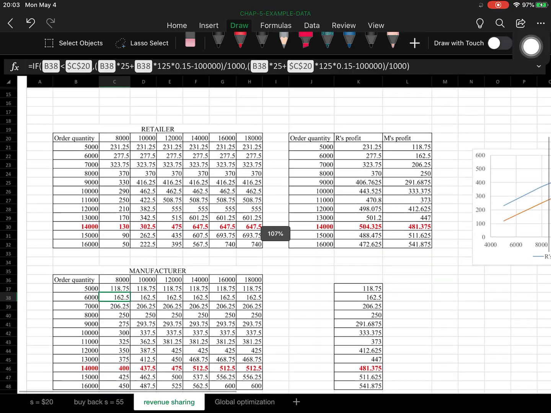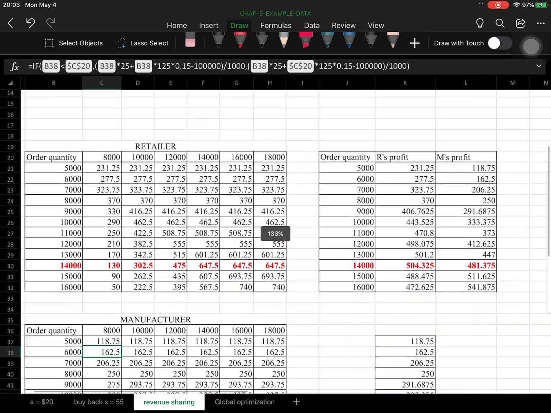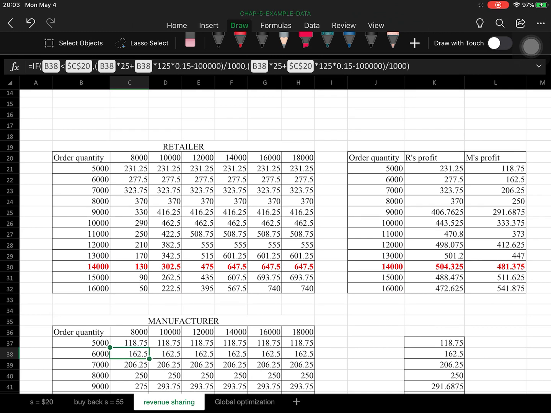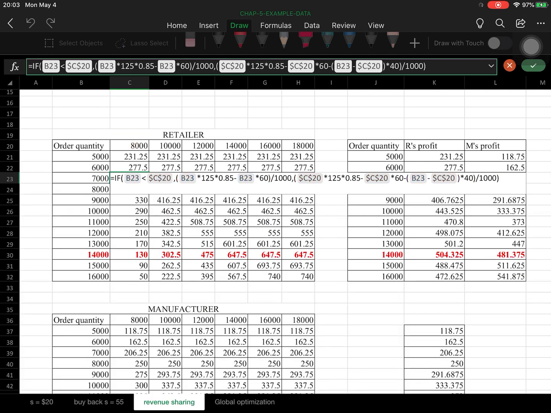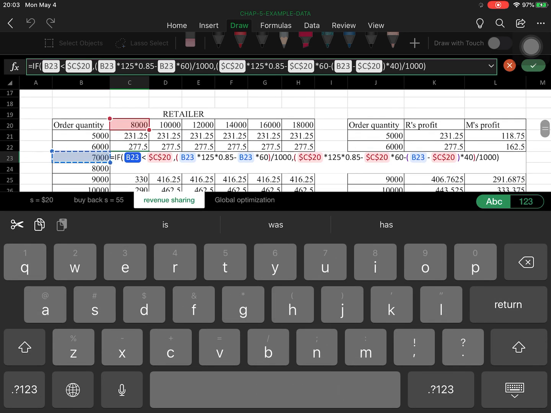So here we also have the same table as the buyback contract, and we calculate the profit of the retailer. So also the same, we use the IF function. If the order quantity is less than the real demand, the profit will equal the order quantity multiplied by the price, right?